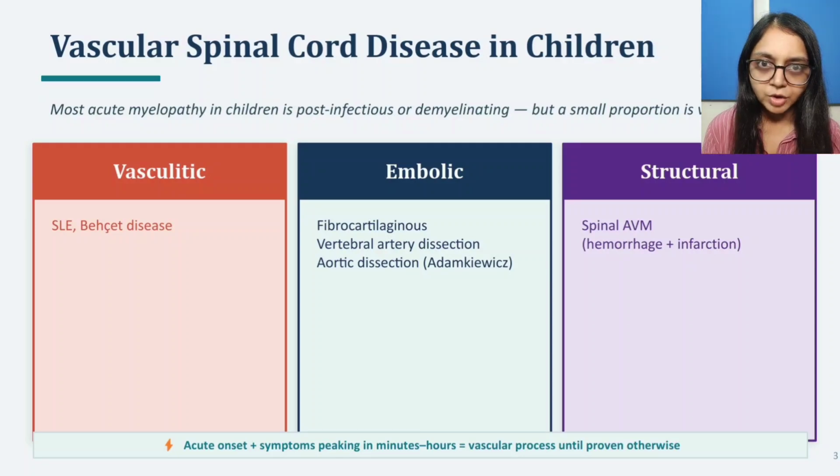Who gets spinal cord vascular disease? So, there are two main vascular categories to know. Number 1, vasculitic processes, most commonly associated with systemic lupus erythematosus, SLE.